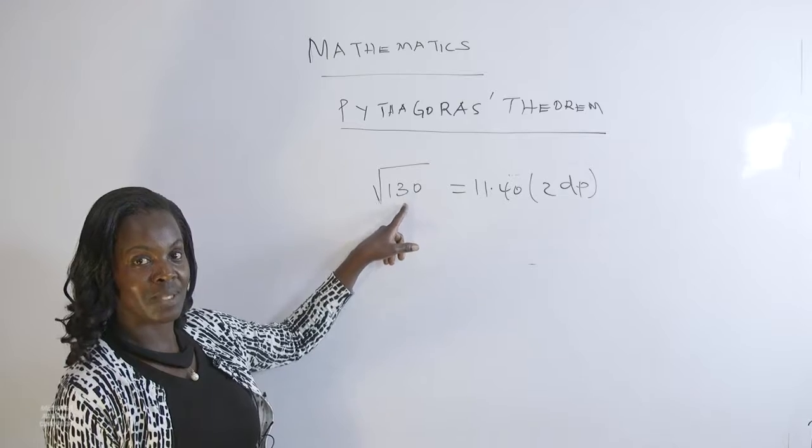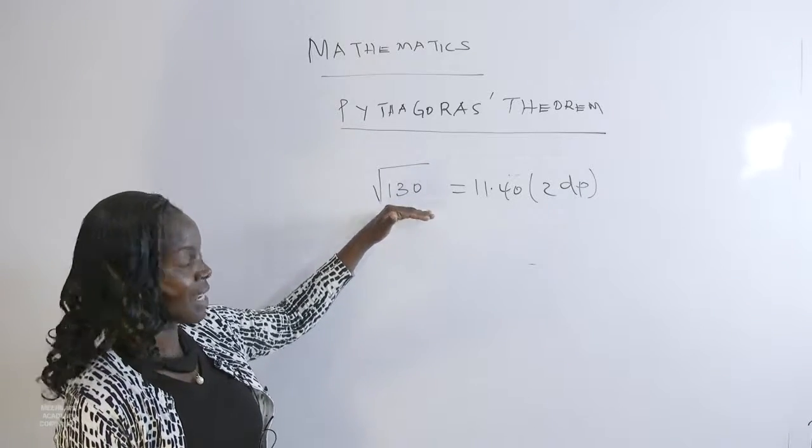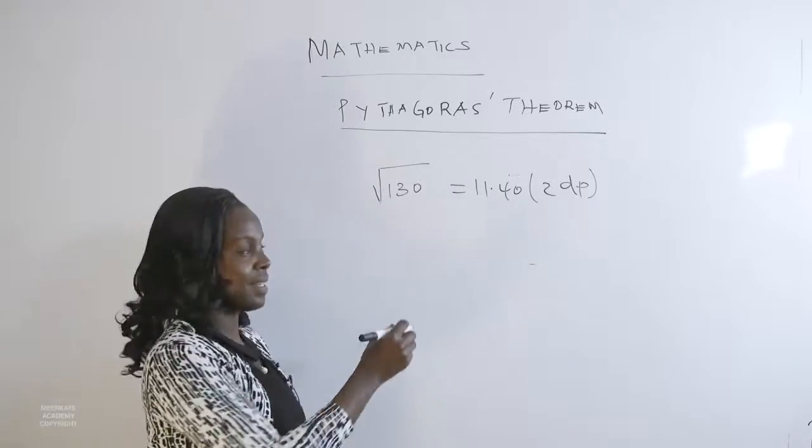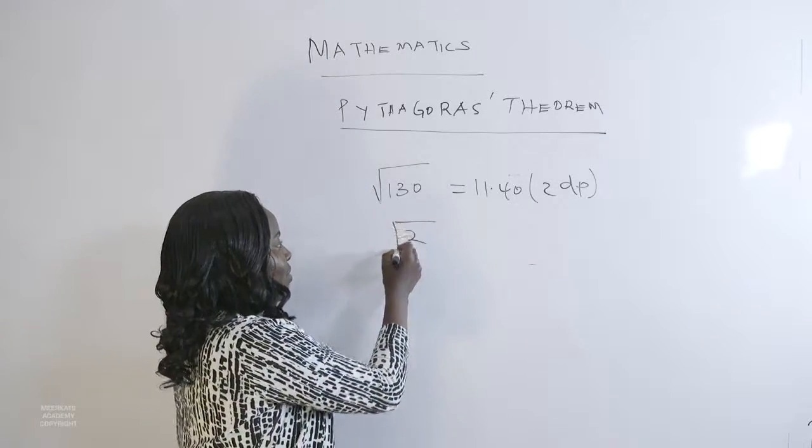So there are some numbers which we can write and leave in surd form. Other examples of surds are the square root of 2.